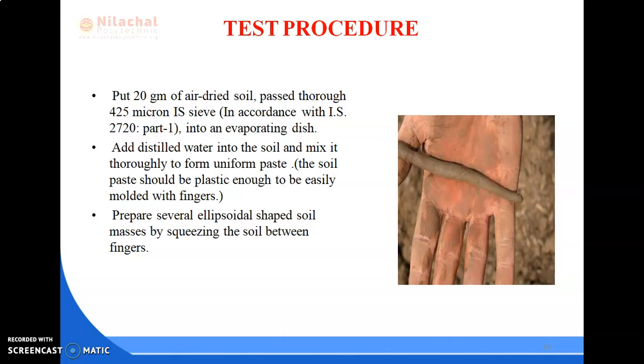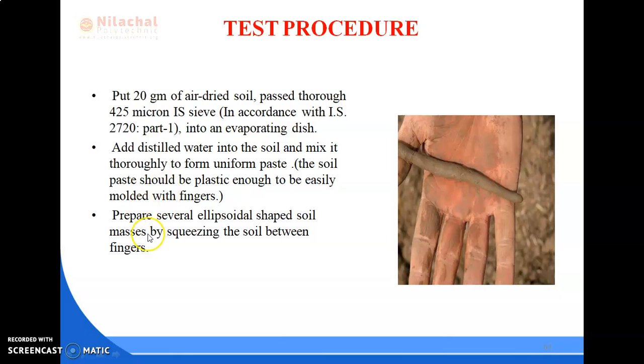Then we have to add distilled water into the soil and mix it thoroughly to form a uniform paste. That means the soil paste should be plastic enough to be easily molded with fingers. And then the plastic soil mass should be left for enough time to allow water to permeate through the soil mass.